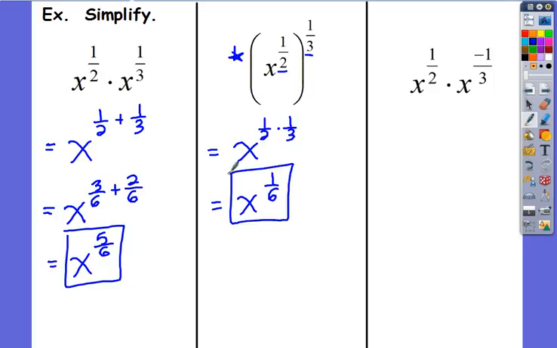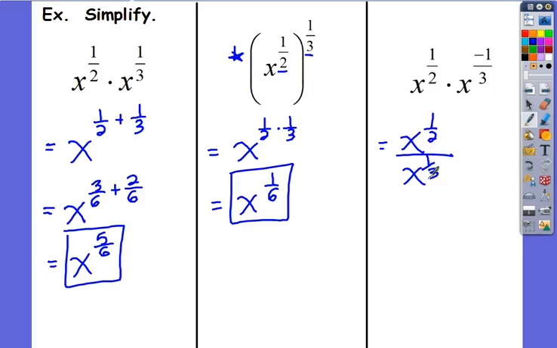The last one, you could add your exponents. So if you wanted to, you could add those exponents, or I am going to make that negative 1/3 positive by bringing that term to the other side of the fraction.